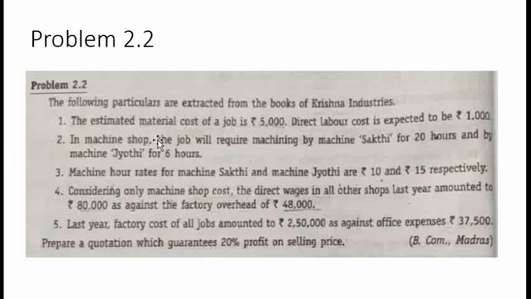Then you need to see whether they've given you any factory expense, administration expense, selling details or profit details. So your first point will get over by finding your prime cost. Now your second point: in the machine shop, the job will require machining by machine Shakti for 20 hours and by machine Jyoti for 6 hours.